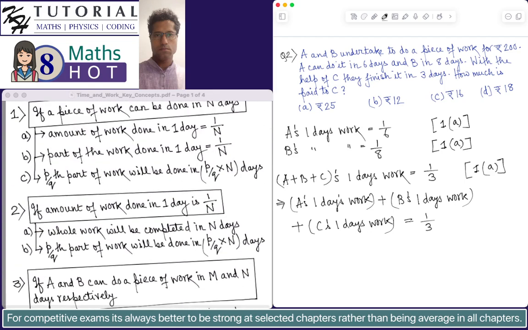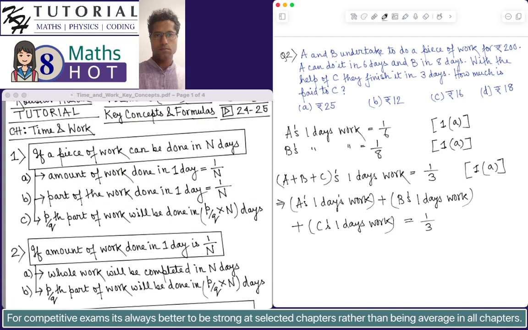If A, B and C are working together, then the amount of work done in 1 day by all of them will be equal to the sum of the work done by A in 1 day, work done by B in 1 day and work done by C in 1 day.